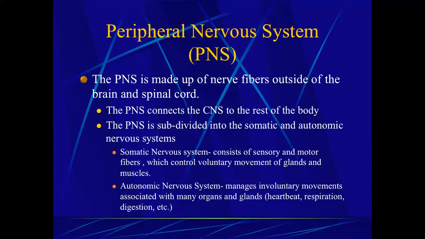It serves to connect the central nervous system with the rest of the body. The first subdivision I talked to you about was somatic versus autonomic functioning. Somatic functioning refers to things that we typically have voluntary control over, things like our muscles and glands.